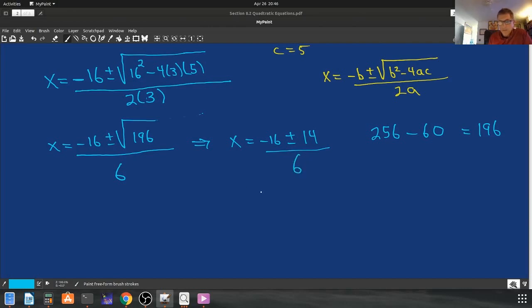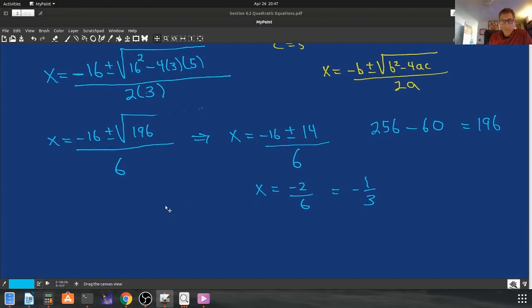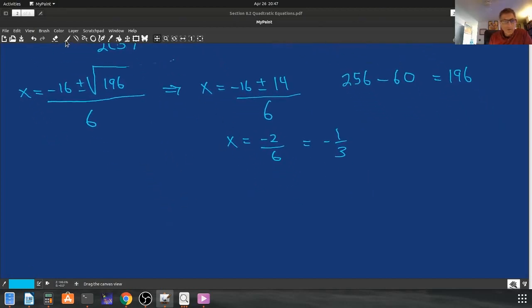So I have two solutions here. We have to simplify some more. Minus 16 plus 14 is minus 2 over 6. So that's the same as minus 1/3. There's one answer. So let's take the other root. Let's do minus 16 minus 14.